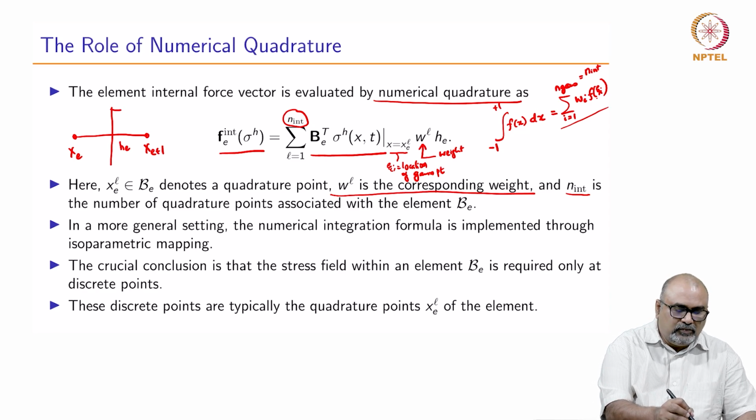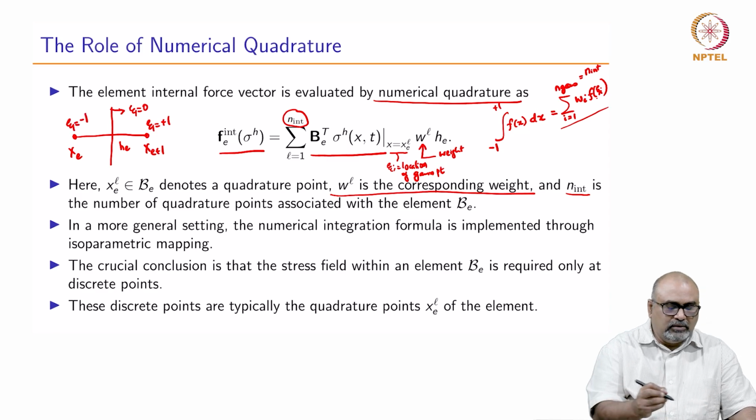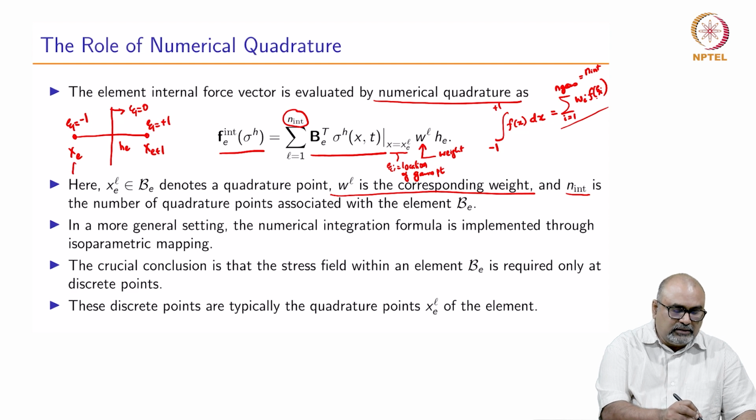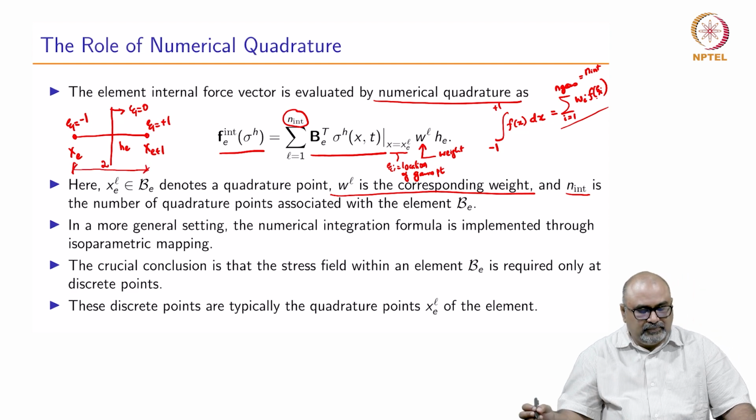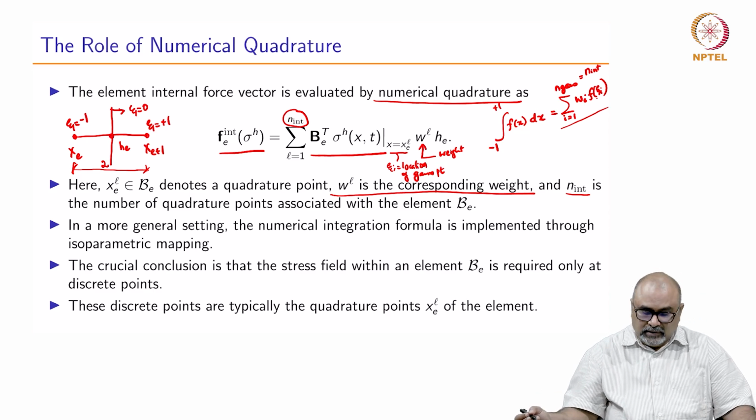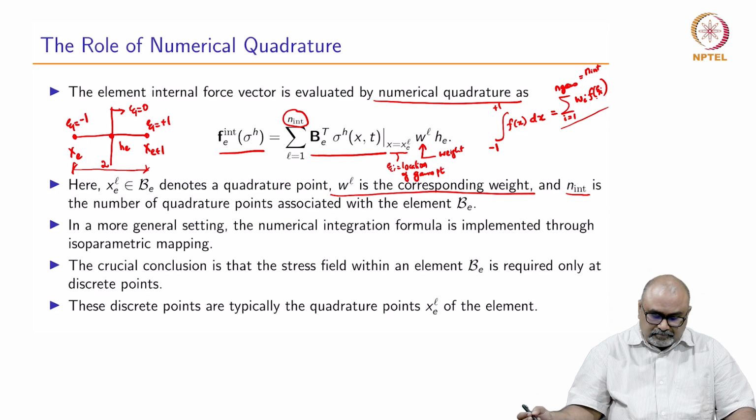In a parametric form, one can choose a coordinate system xi which is going from plus 1 on the left hand side to minus 1 on the right hand side, and this total length can be of 2 units, and one can write all the shape functions in terms of this natural coordinate system in terms of xi.